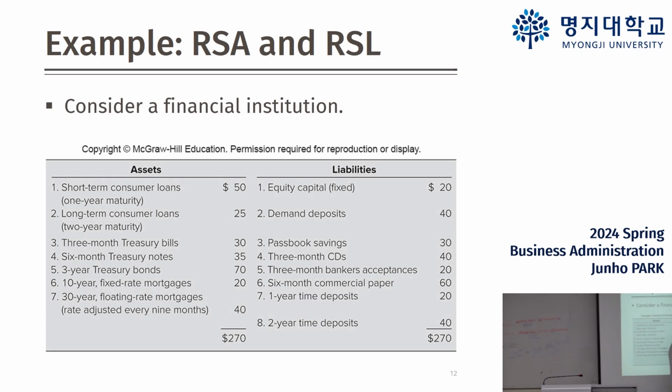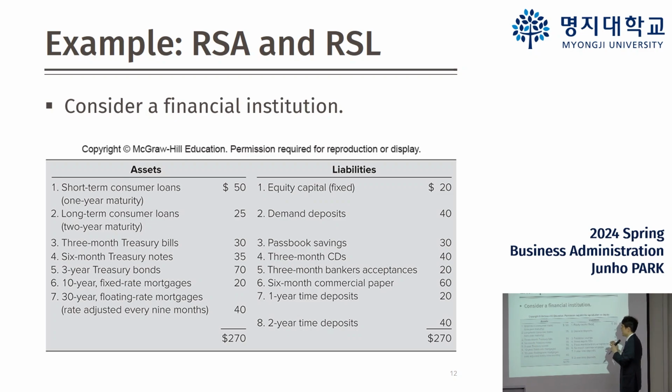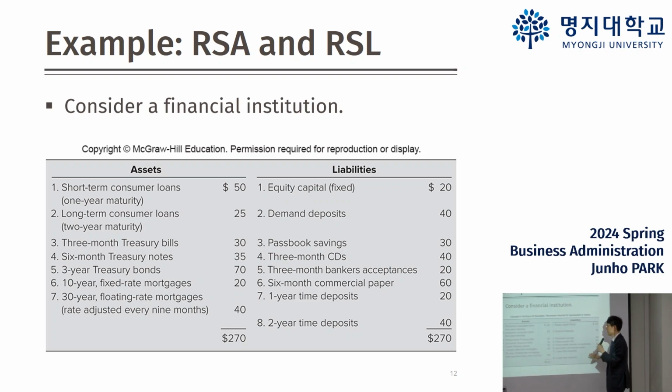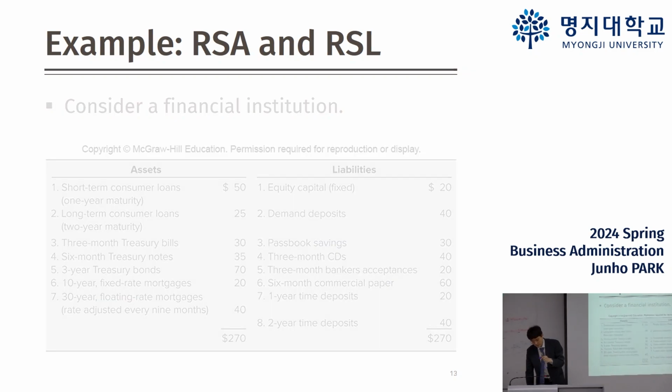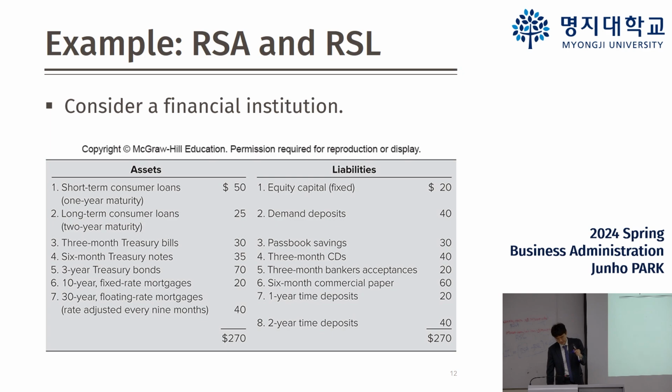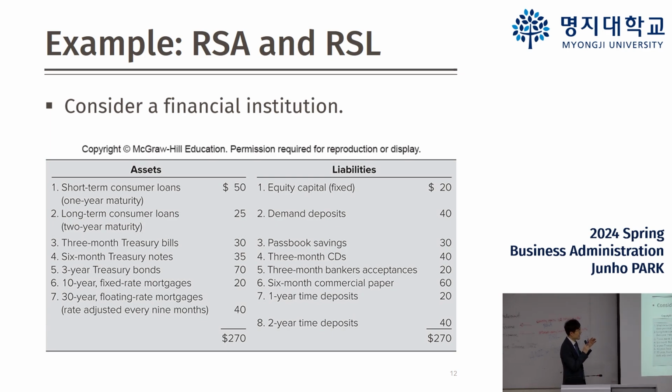There is a financial institution, and this institution has a lot of different assets and also different liabilities. So let's look at the asset side. If we are going to think about the 1 year maturity bucket, so we are going to think about assets and liabilities with maturity less than 1 year, then what can be the rate sensitive assets?